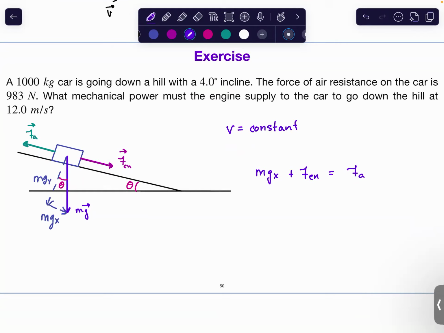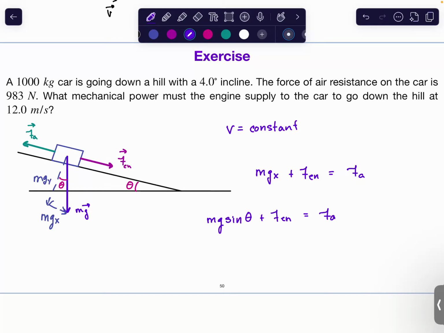Now, so let's look at our x component. So that's gonna be mg sine of theta. Force of the engine, force of the air. So what are we actually trying to solve for here? Power.